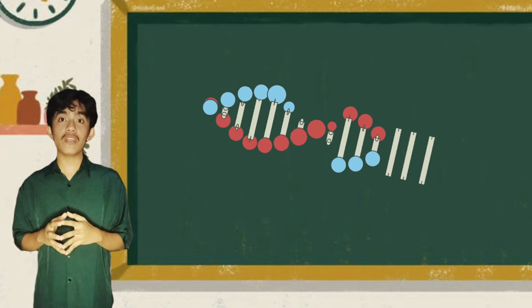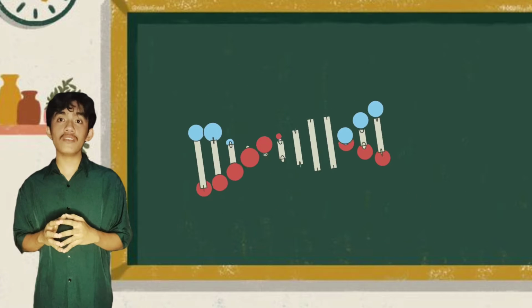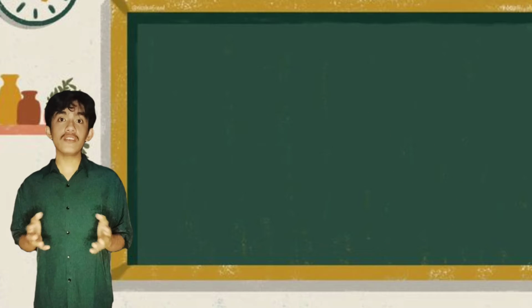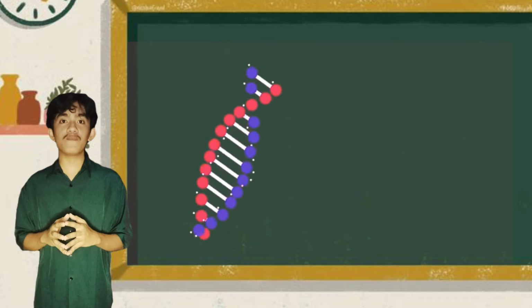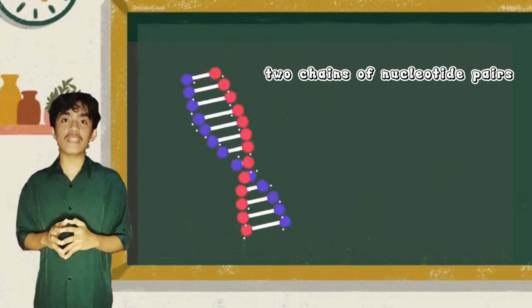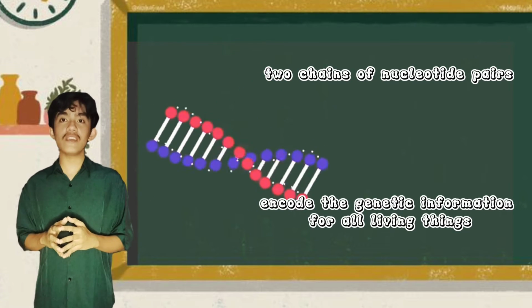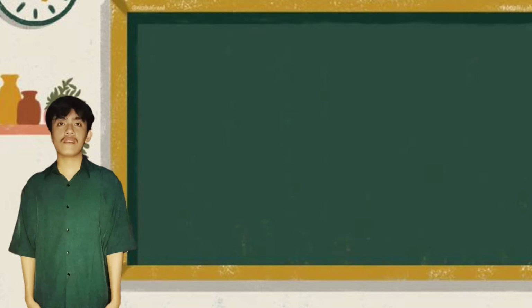This base pairing could allow a new strand to be built on an old strand. The realization of these two scientists proved that DNA was made up of two chains of nucleotide pairs that encode the genetic information for all living things.